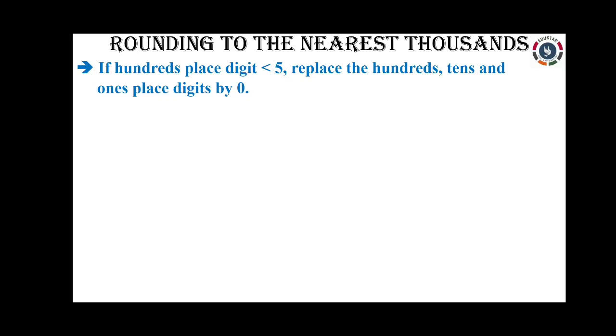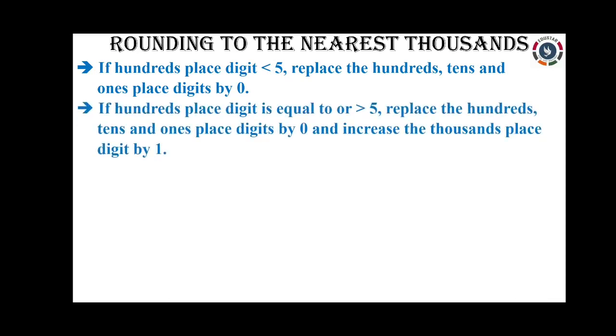If the hundreds place digit is equal to 5 or greater than 5, then replace the hundreds, tens and ones place digit by 0 and increase the thousands place digit by 1. Look at these examples.